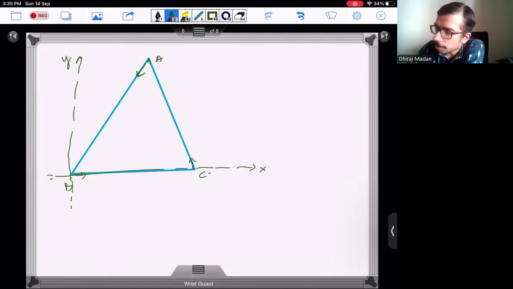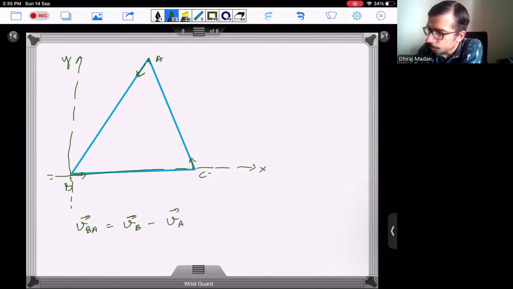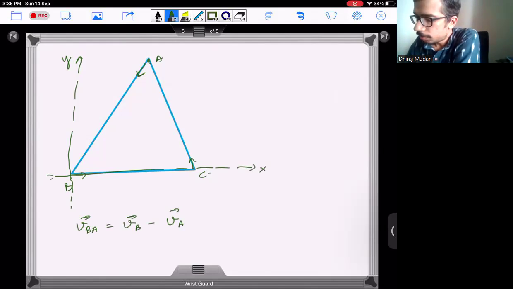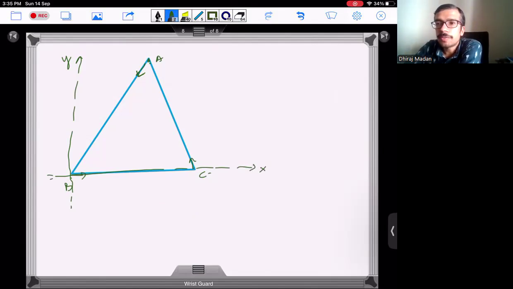Now, if we compute VBA, which is VB minus VA, actually, it's better to take B and C over here. So let's see what is the rate of separation between B and C.